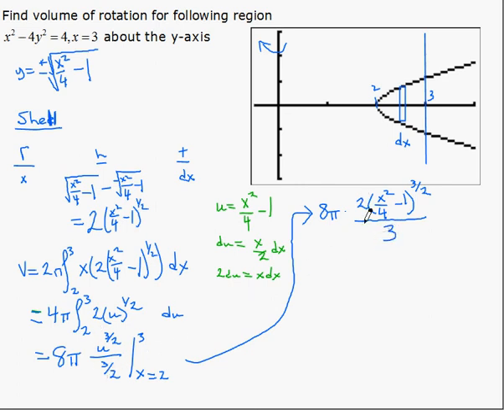That 2 came from the bottom, and that is evaluated from 2 to 3. Substituting in 3, substituting in 2, and subtracting gives us 23.4 units cubed.